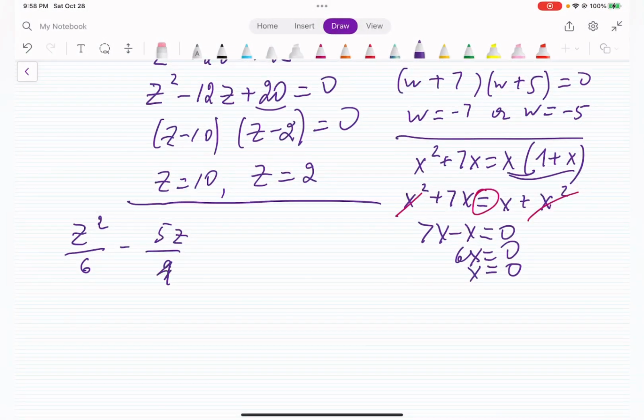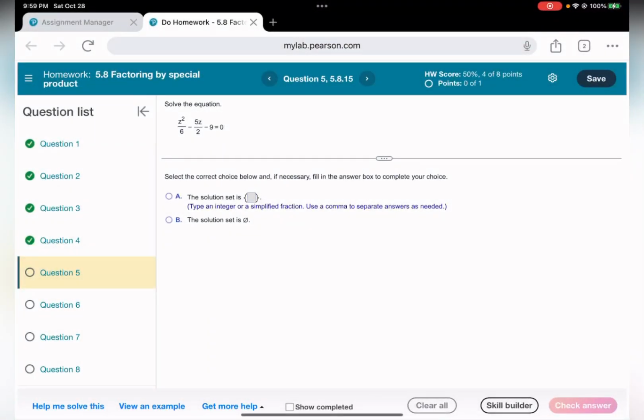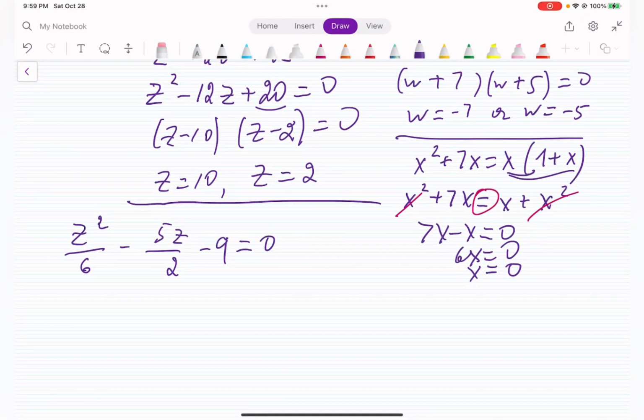Two minuses, yeah. And that's equal to 0.